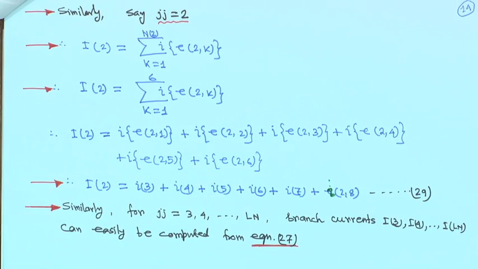Similarly, for JJ is equal to 3, 4 up to your total number of branches, Ln is the total number of branches, right. Branch currents I3, I4 up to I Ln, in this case Ln is 7, in our case the total node number is 8. So the branch number Ln in our case is 7, right. Therefore, it can easily be computed from equation 27.